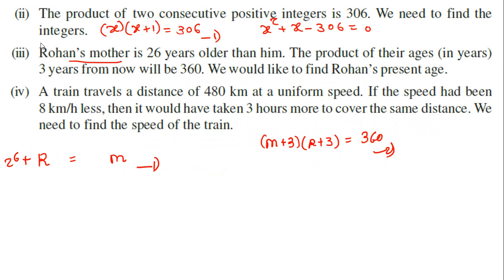You tell me. A train travels a distance of 480 at uniform speed. If the speed had been 8 kilometers per hour less, then it would have taken 3 hours more to cover the same distance. We need to find the speed of the train.